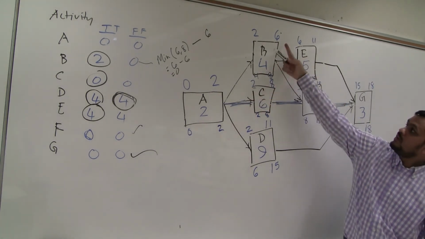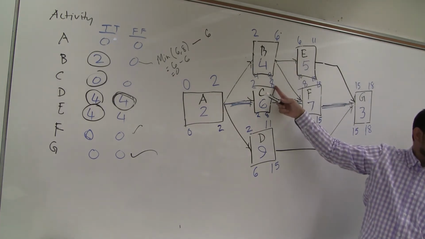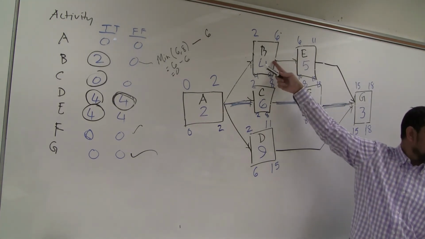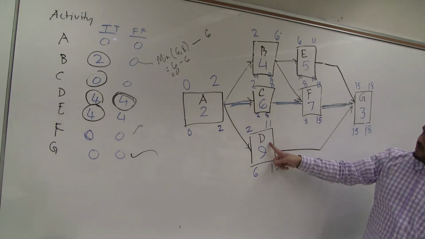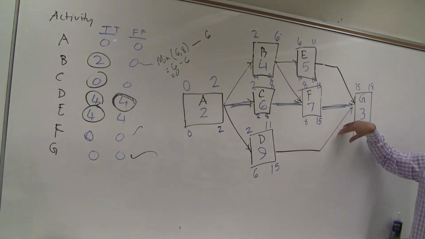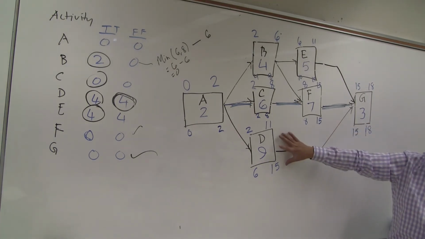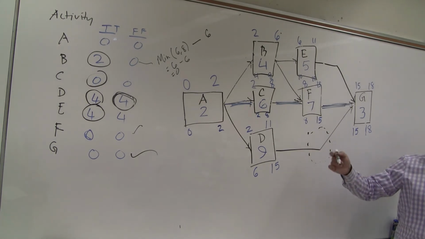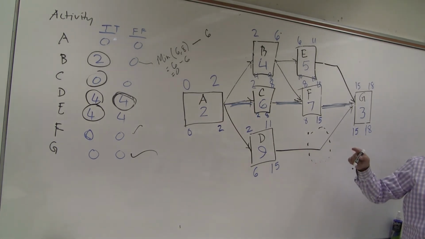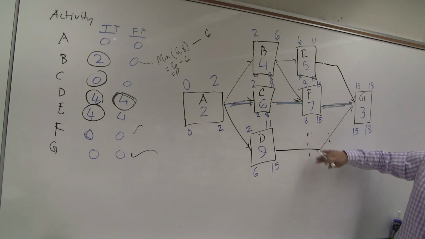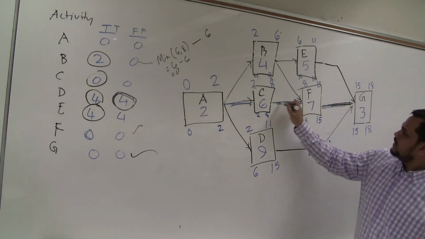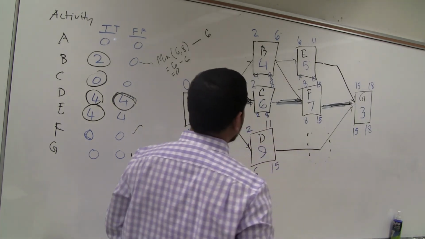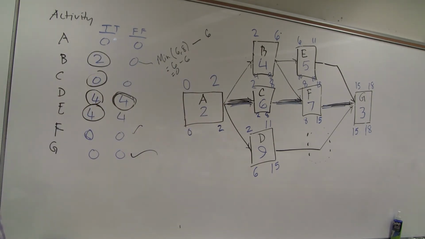But if I go this way, it is 6 here, 8 here. This one is longer than this one. Obviously this one is the longest among these. But after this, no other activity. So this is not winning. If there is something here, then this might be the critical path. Okay, so for this problem, the critical path is here. Done. Simple.